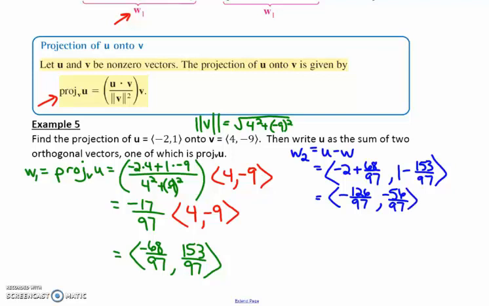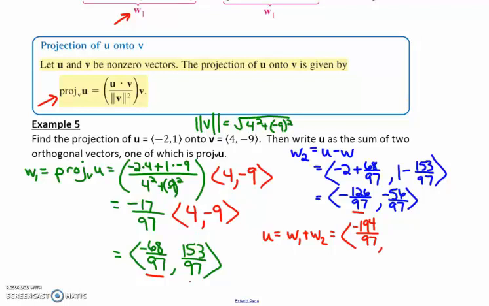All right, so now I have my two vectors, and so I am going to show that U is the sum of W sub 1 and W sub 2. Okay, so I am going to take this number and add it to that number, and I get negative 194 over 97.